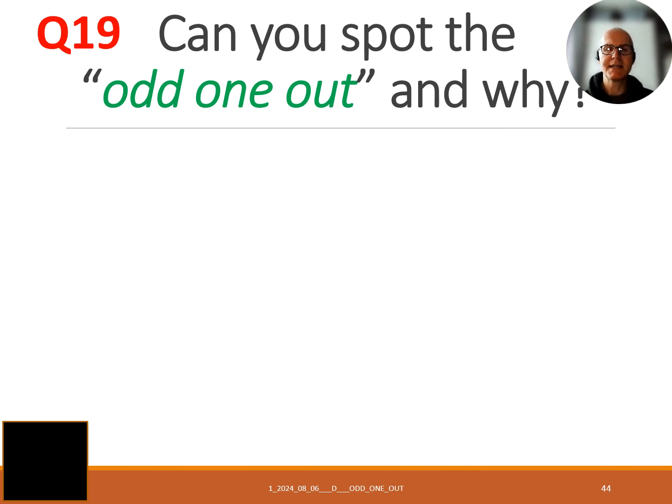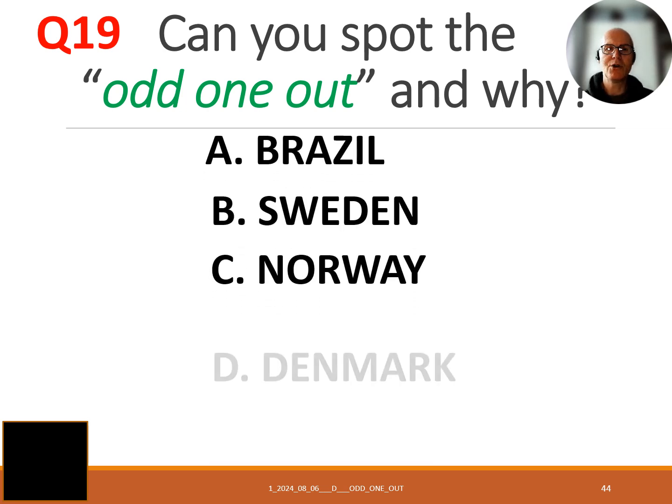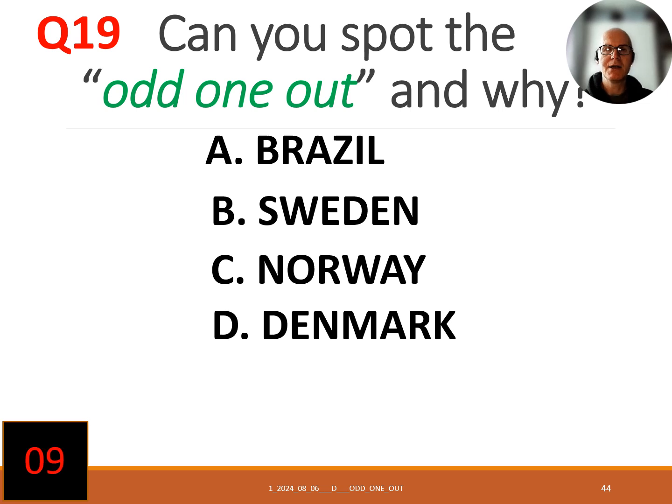Question 19, second last question. Brazil, Sweden, Norway and Denmark. What was the odd one out from these 4 countries and why?